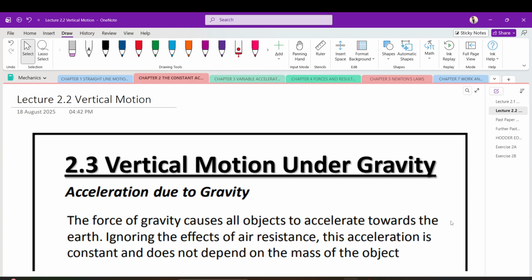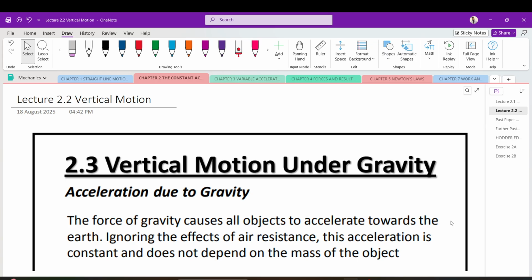So let's get started. Now, when we talk about vertical acceleration, gravity also comes into play, because the gravitational field strength of the Earth exerts a force downwards on an object.